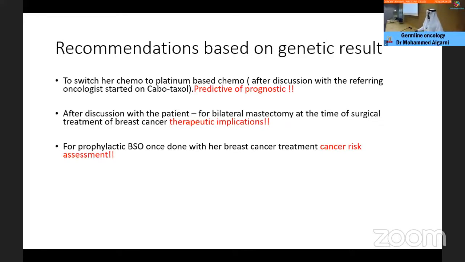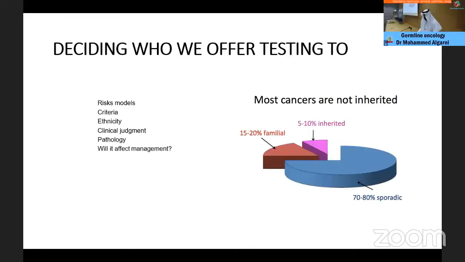Furthermore, given her mother's ovarian cancer in her mid-30s, we decided to go with a bilateral salpingo-oophorectomy, not only for ovarian cancer risk reduction, but also to reduce her risk of breast cancer. So this is just one example of how the information can change the patient outcome.